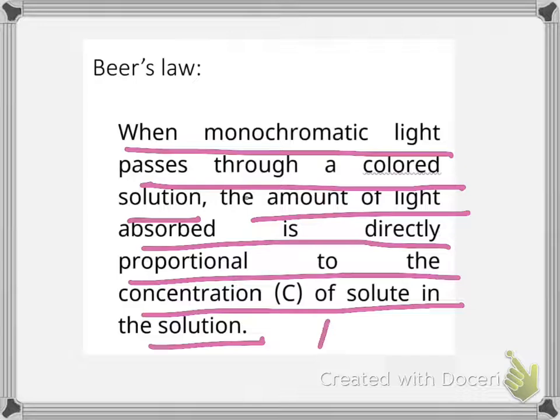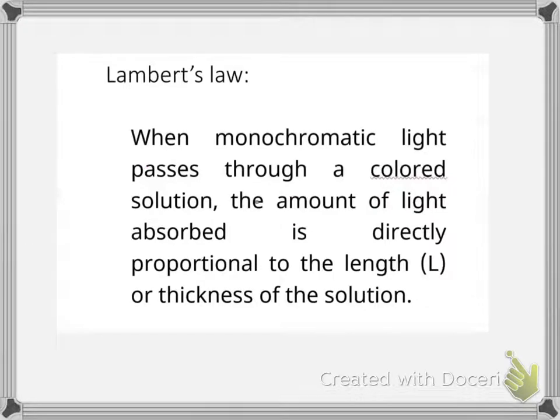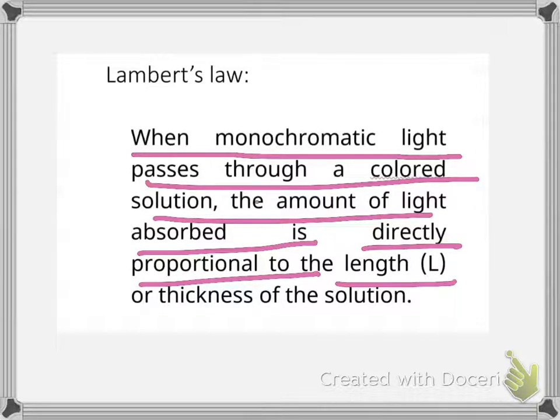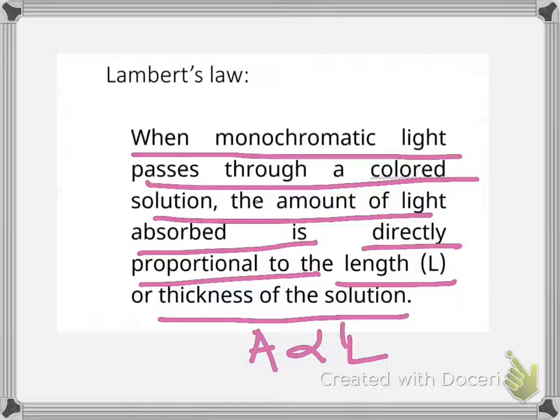That is, A is directly proportional to C. Lambert's law states that the amount of light absorbed is directly proportional to the length L, or thickness, of the solution. That is, the absorbance is directly proportional to L.